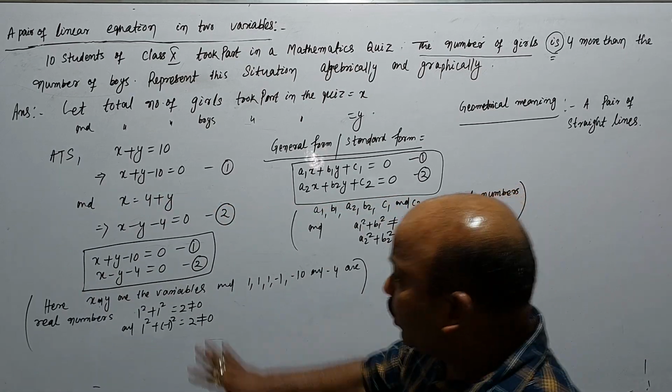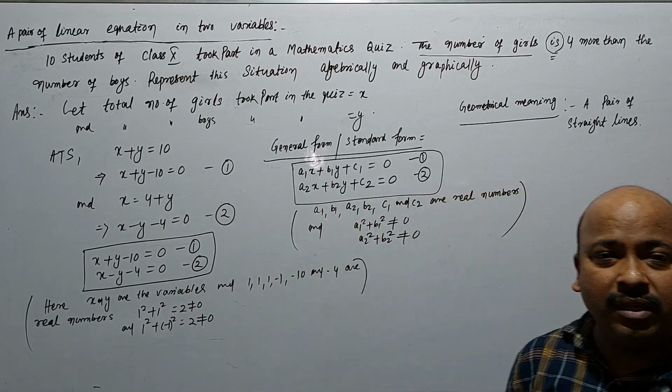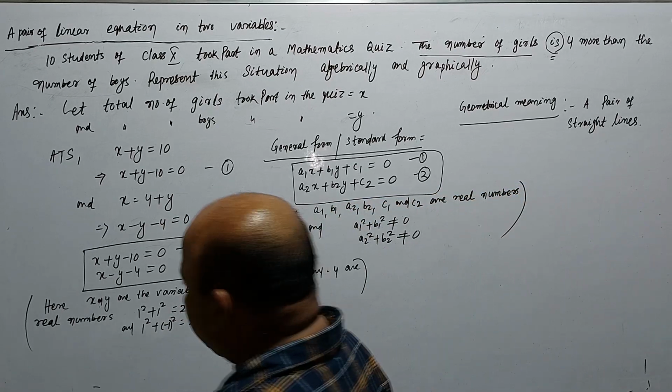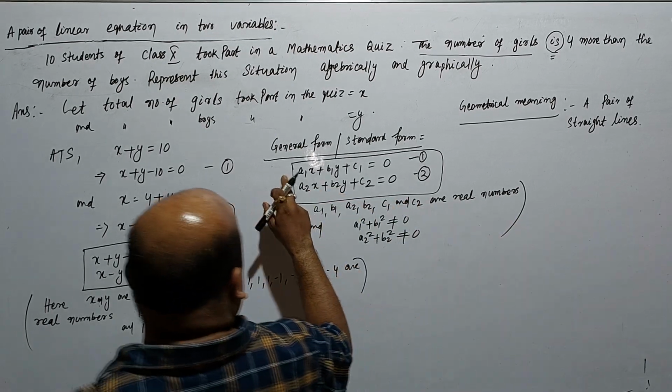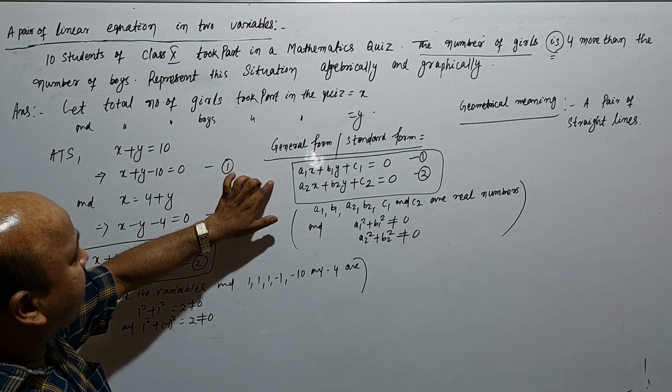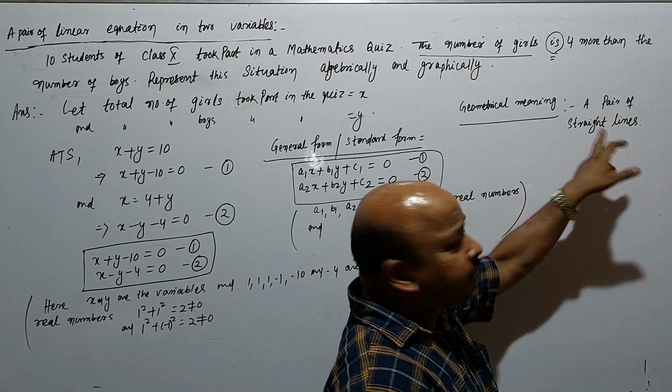So these are the pair of linear equations in two variables, and the geometrical meaning is a pair of straight lines.